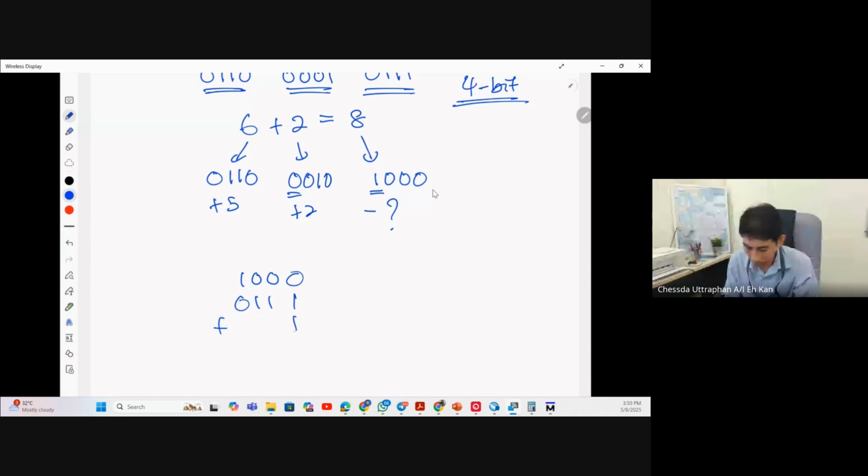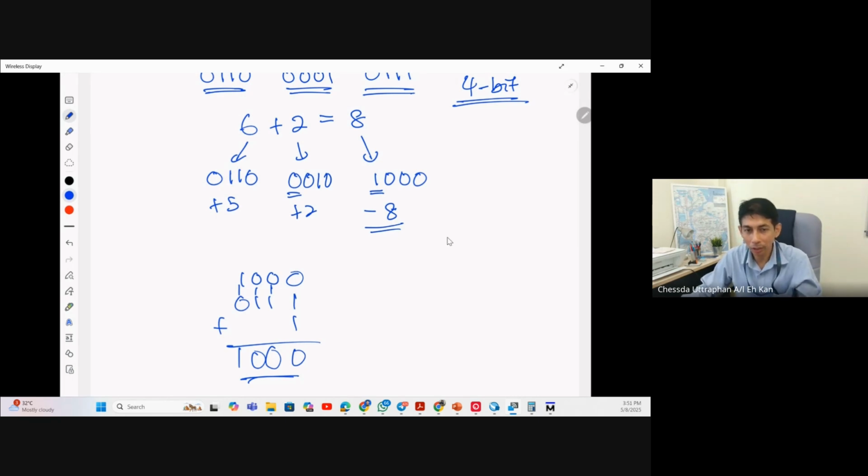Add 1, so you have 1, 0, 0, 0, which is the same number. This is negative 8 in 4-bit, not positive 8. So something is wrong, because in the computer it is represented as negative 8, not positive 8.